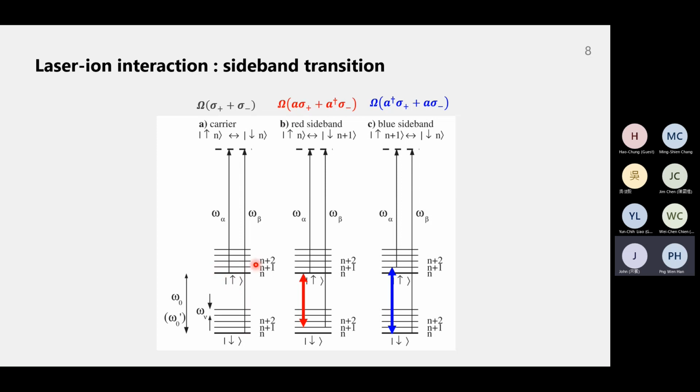So the first line you can think of as the up state cross n, where n is the phonon number. For simplicity, this refers to only one mode. So what it does here is that when I drive the transition from the down state to the up state, it will gain me one phonon in a certain specific mode.